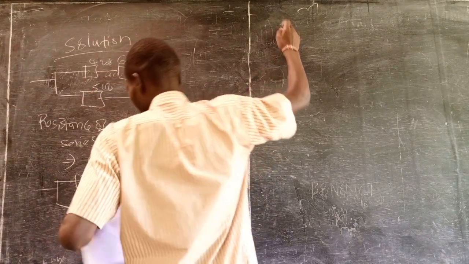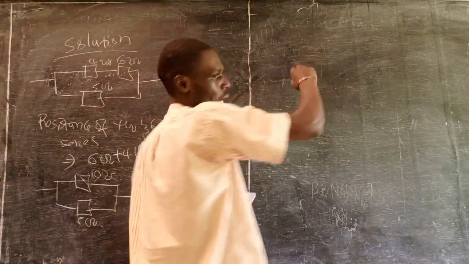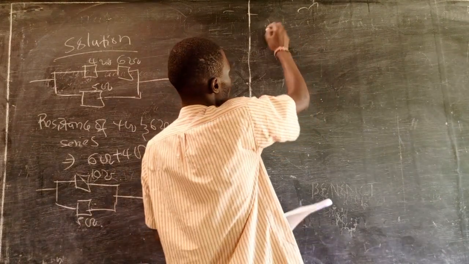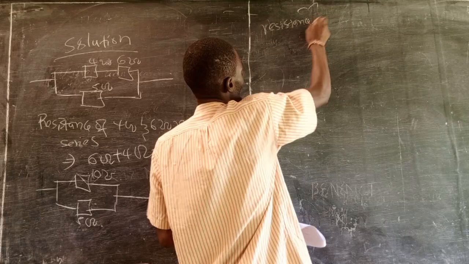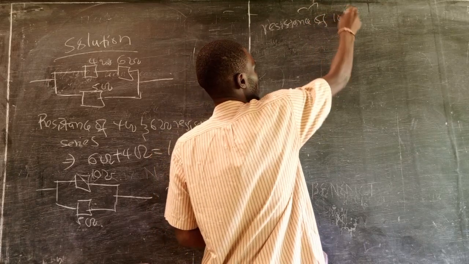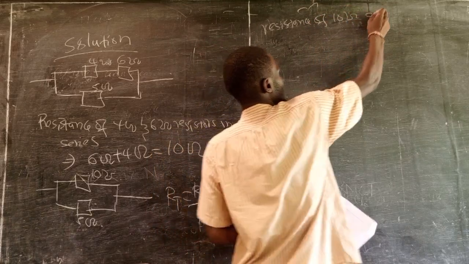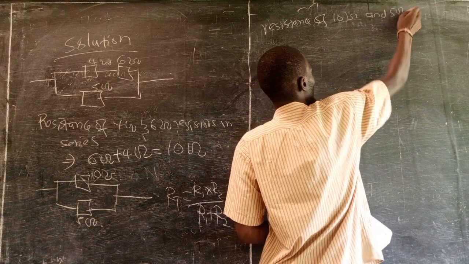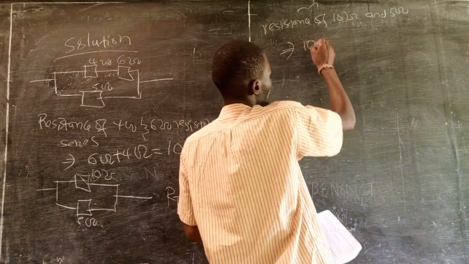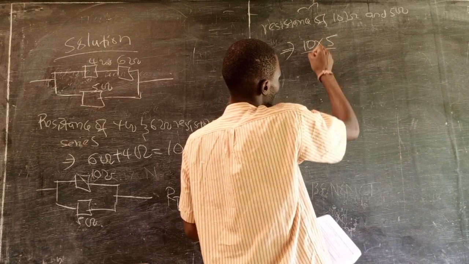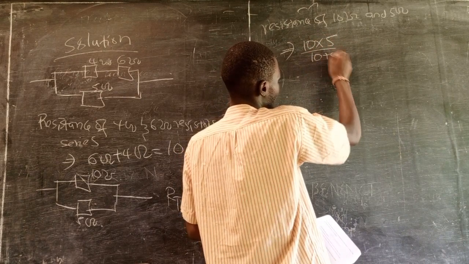So the R total for this one is the resistance of 10 ohm and 5 ohm, which is 10 multiplied by 5 divided by 10 plus 5.